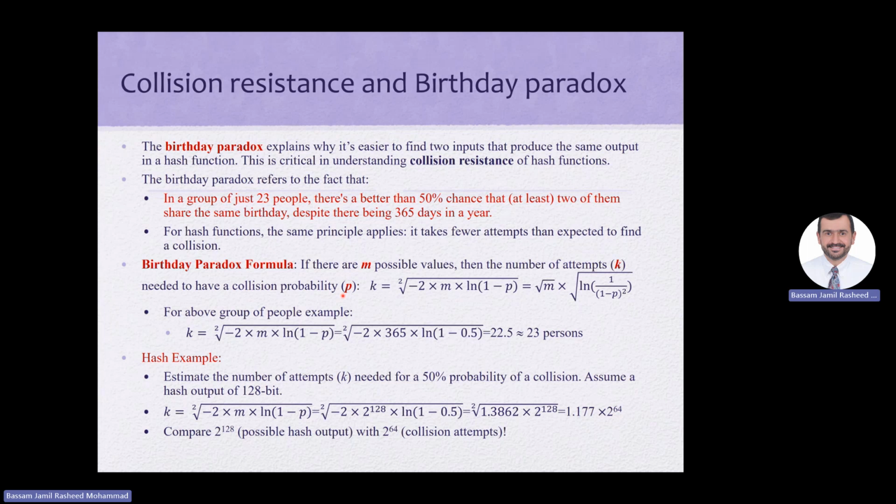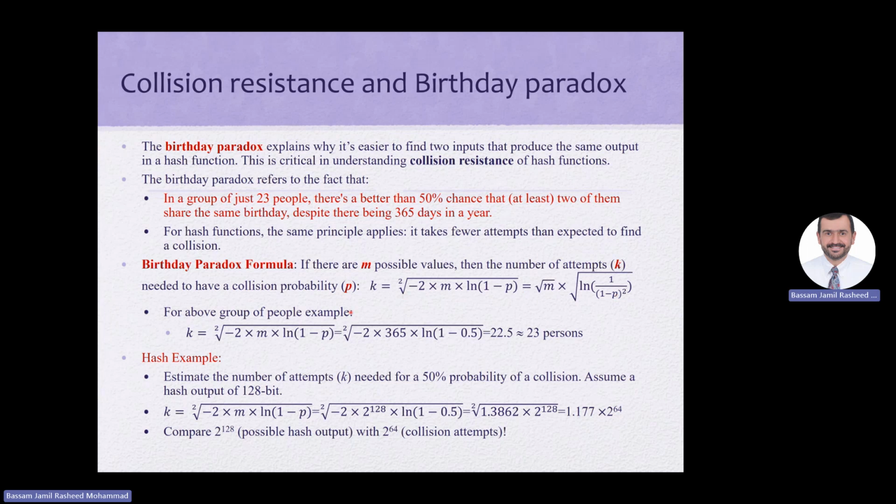Math tells us that k is equal to the square root of -2 multiplied by m multiplied by ln, the logarithm of 1 minus p. And if we take the square root of m outside, then we are left with the square root of, now we merge the -2 with this one, the square root of ln of 1 over 1 minus p.